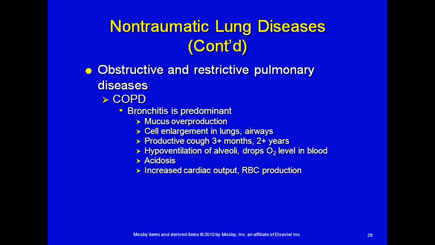With the overproduction of mucus, the alveoli don't get fully inflated, and that has a tendency to drop the O2 level in the blood, which certainly, if significant enough, could lead to respiratory acidosis.